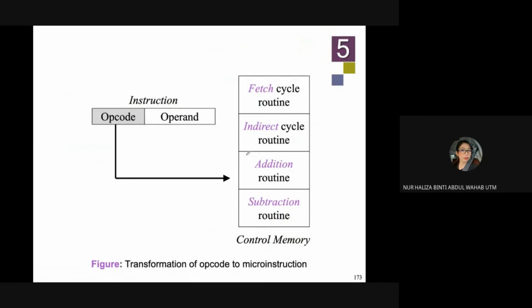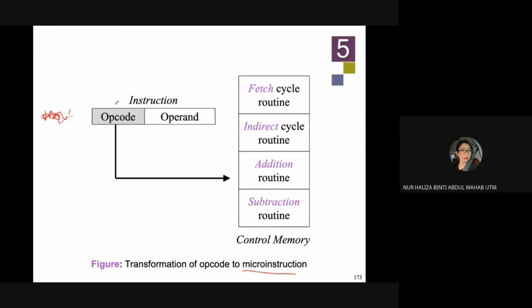This figure is showing you how you're going to transfer your opcode to micro instruction. You punya programming tu, how you going to change to your micro instruction. So let's say over here you have an operation MOV, you have the opcode and operand.